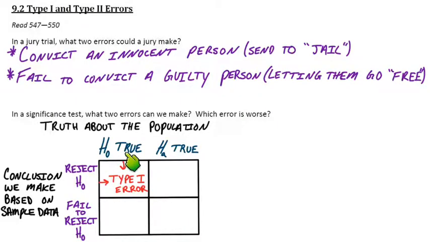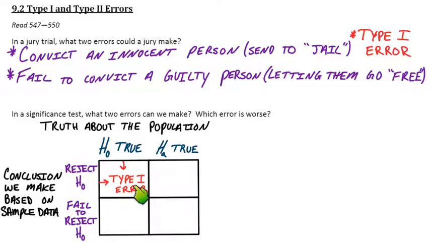If the null hypothesis was actually true, and we rejected it because we were in favor of the alternative, well, that's a mistake. In fact, you can think about that as sending an innocent person to jail. So we rejected a hypothesis that we shouldn't have because it was actually true. That would align with the jury scenario where you convict an innocent person.